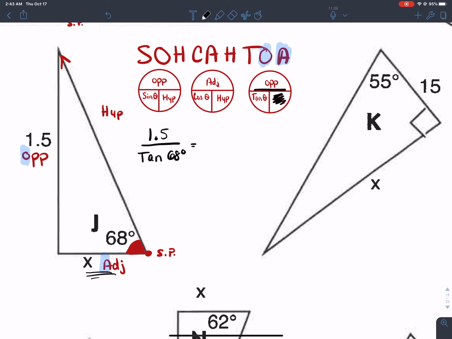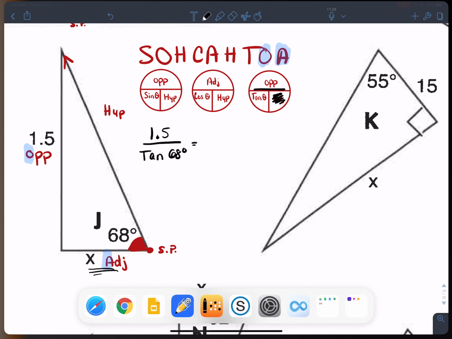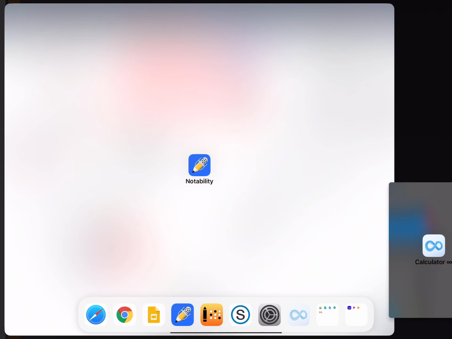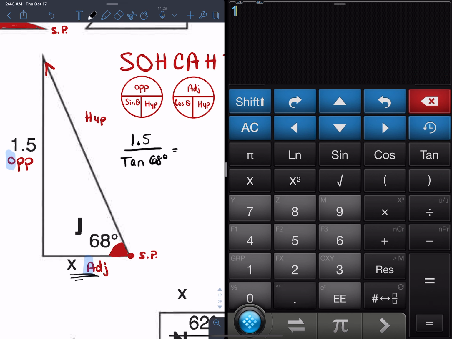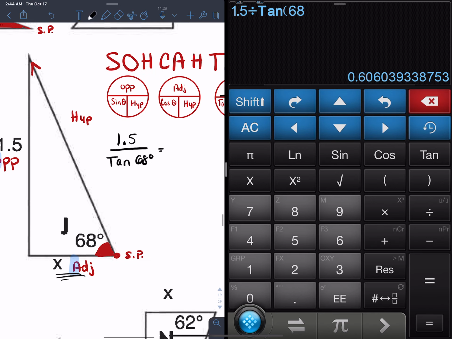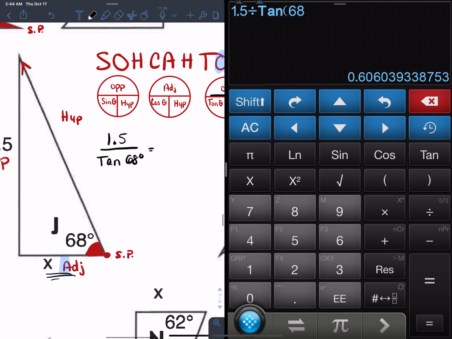If it's a smaller side of our vector diagram, then we have to have a smaller value associated with it. So we'll put this into the calculator: 1.5 divided by tangent 68, hit enter. Sure enough, we end up with something smaller. So this would be 0.6 rounded off, and you've got your answer.